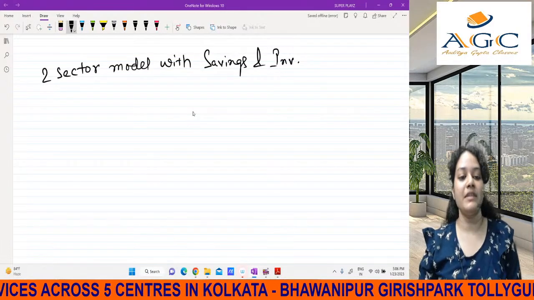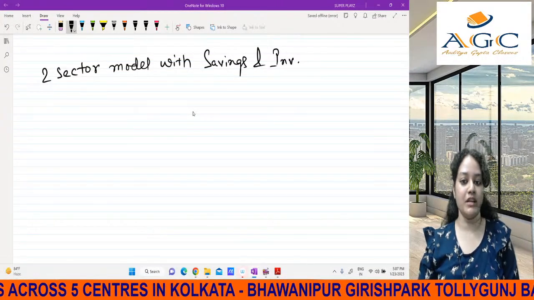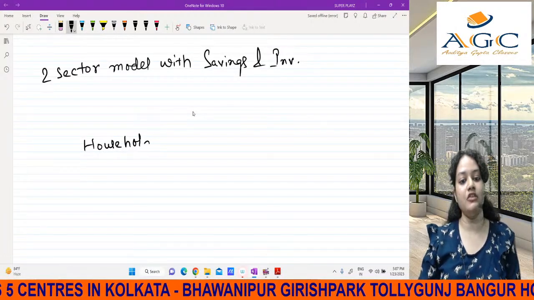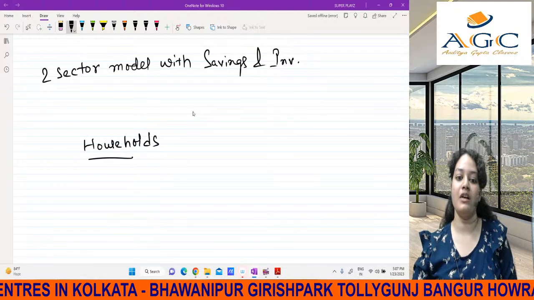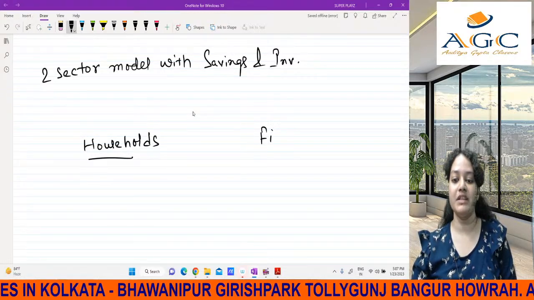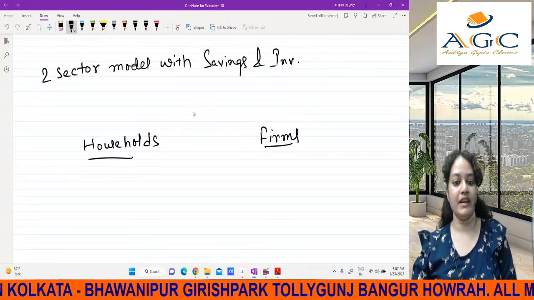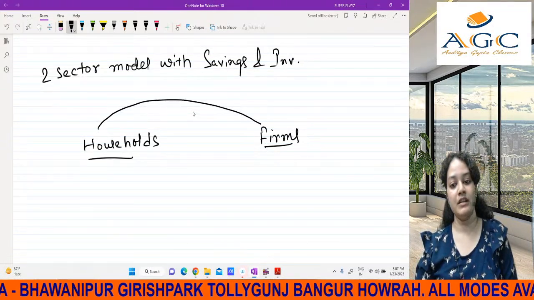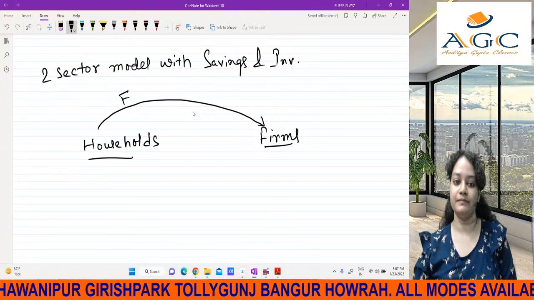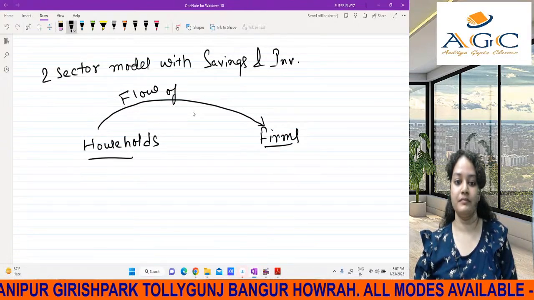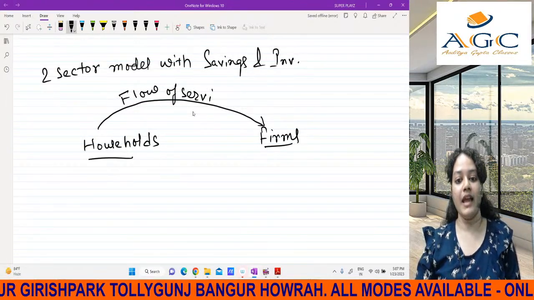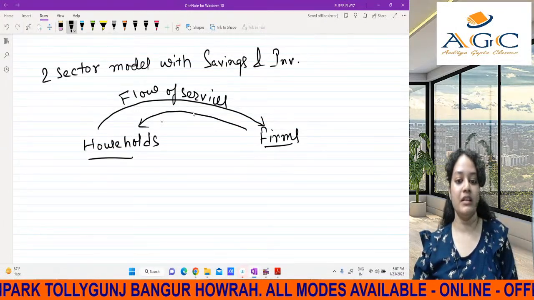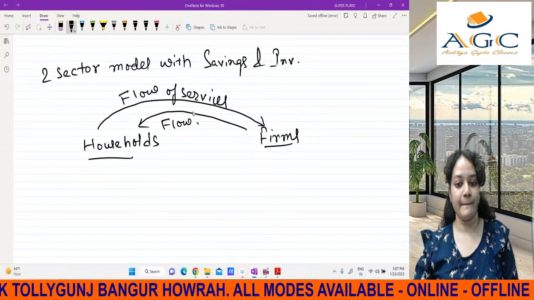Okay, the same thing, even here in the two sector model with savings and investment, we will be taking two sectors into account, that is our household as well as our business firms, right? The same here as well, from the households to the firms, flow of services, and from the firms to the households, there will be flow of payments.